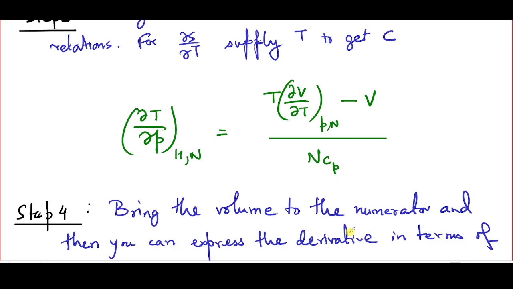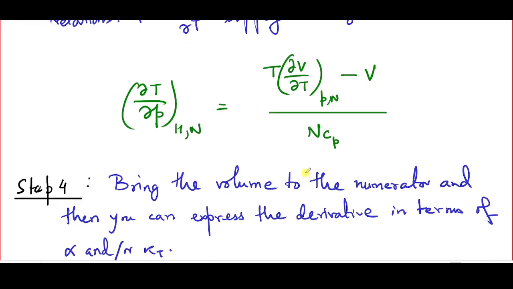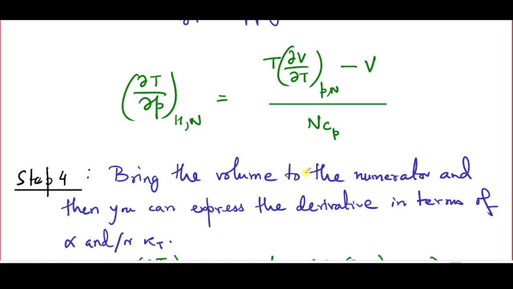In this case, you don't have to bring the volume to the numerator because it's already in the numerator, so to speak. And then what you can do is express the derivative in terms of alpha and or kappa T. Now, how do we do that? Well, in this case, it's pretty straightforward. 1 over V del V del T at constant P comma n is alpha. So this really is the same as V times alpha, this partial derivative.